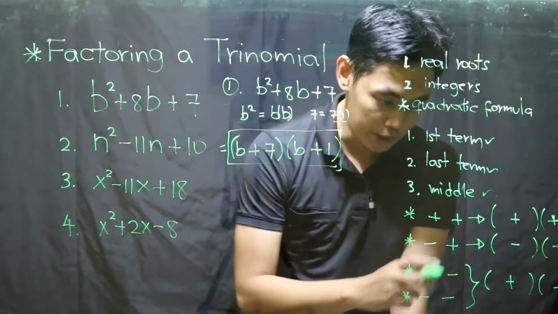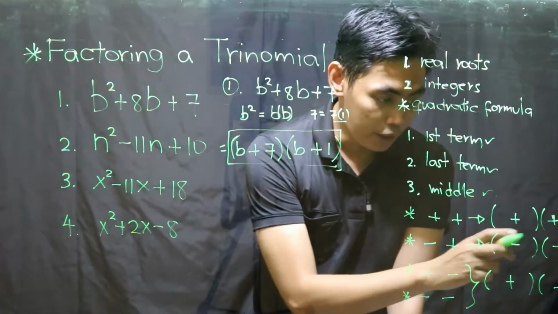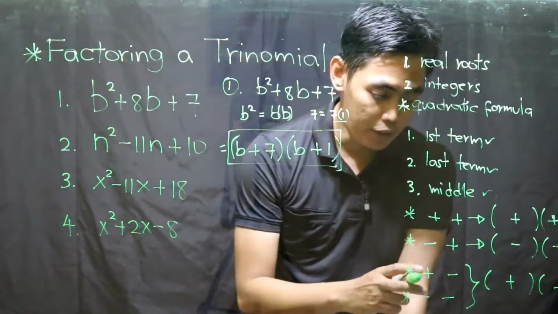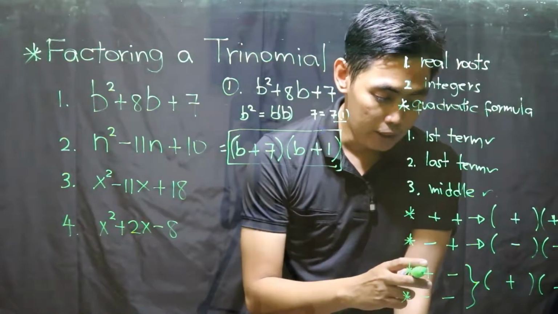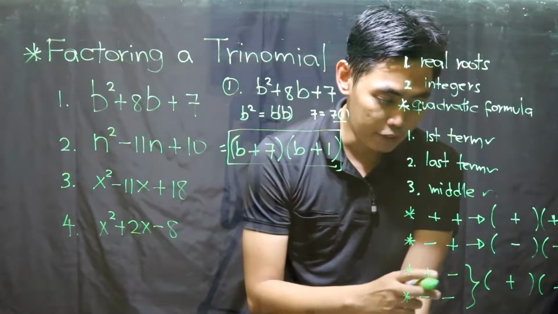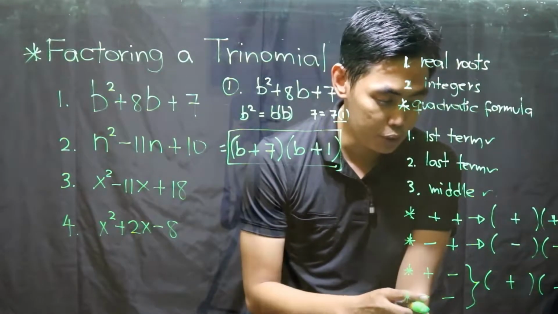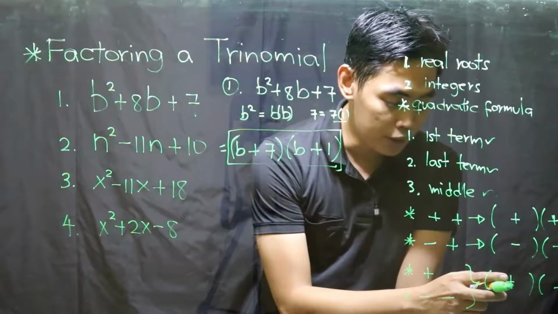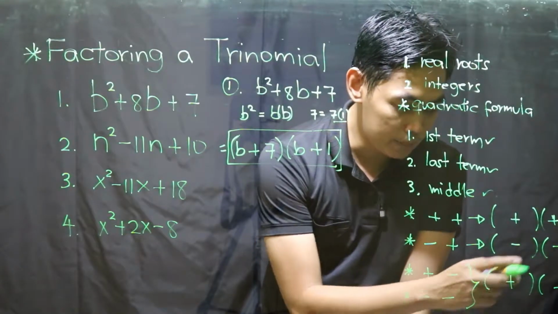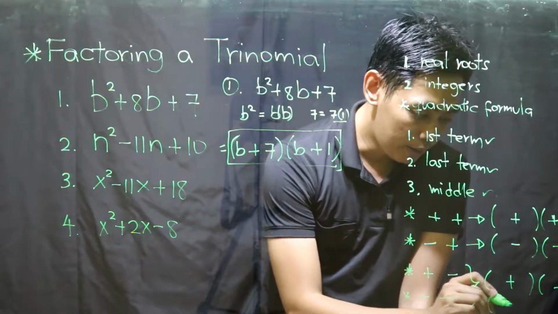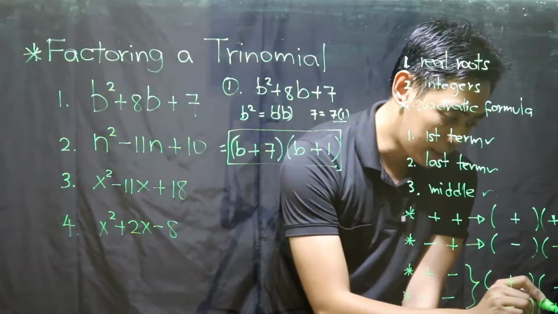If you have negative, positive, then both will be negative. If you have negative, negative, or positive, negative, you will need to consider either plus, minus, or minus, plus.